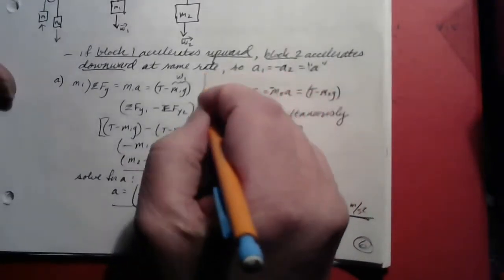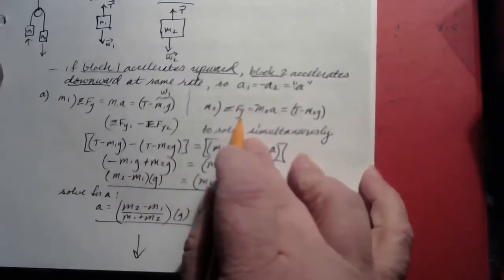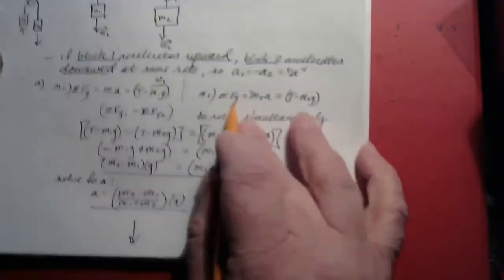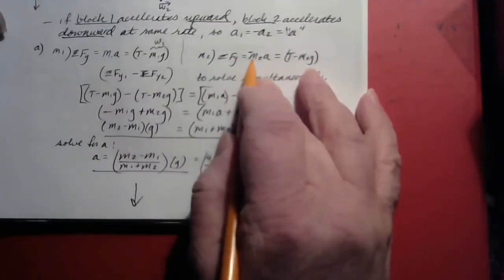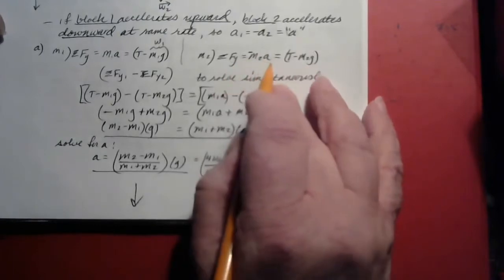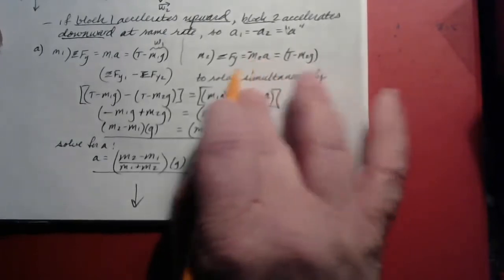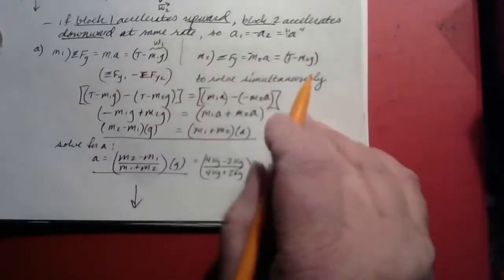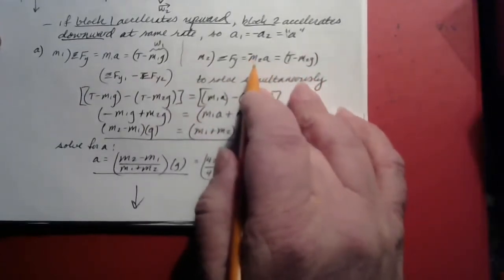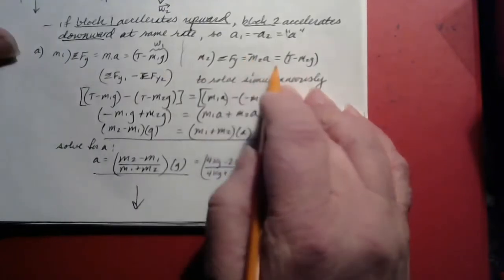And for block 2, the sum total of all of the forces in the Y direction would be equal to the negative of m times a. That's because a for block 2 is negative. So it's negative m2a, because again, force equals ma, and for block 2, the mass is m2, and the acceleration is negative, so that's where the negative sign came from.